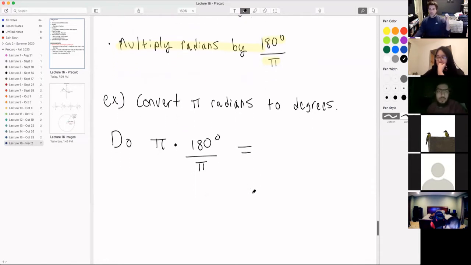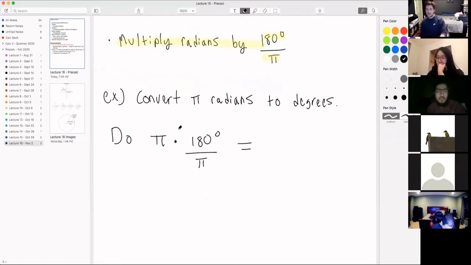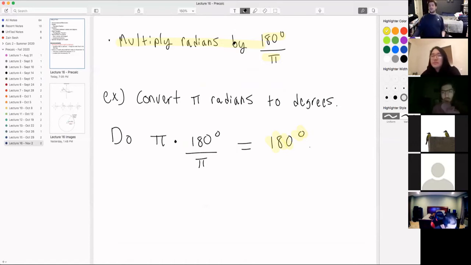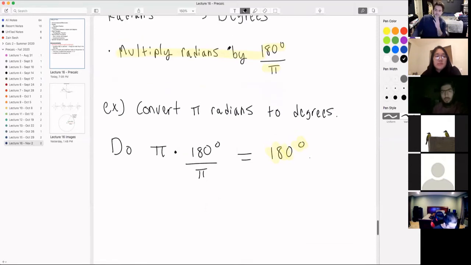What will this come out to? This is actually a very easy one. The pi's in the top and bottom will cancel, so you're just left with 180 degrees. So pi radians is 180 degrees. Any questions? Please let me know if this is not clear. This is a very important topic.